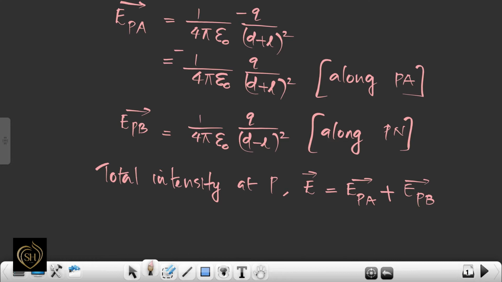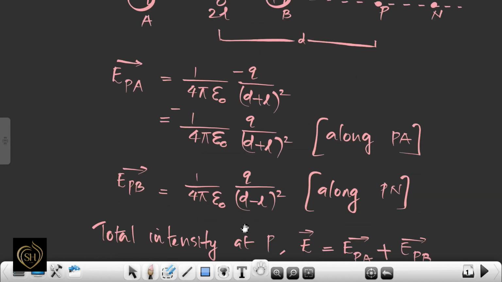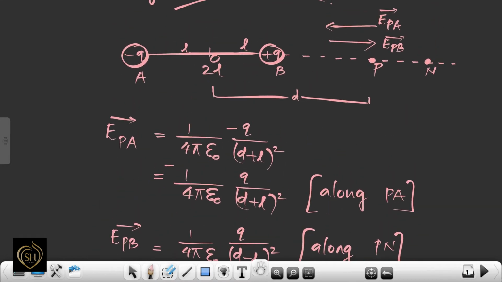First, let us find out the direction of this total intensity. See, here EPA is inwards and EPB is outwards. Then what will be the direction of total intensity? Yes, the total intensity will be in the direction with larger magnitude.